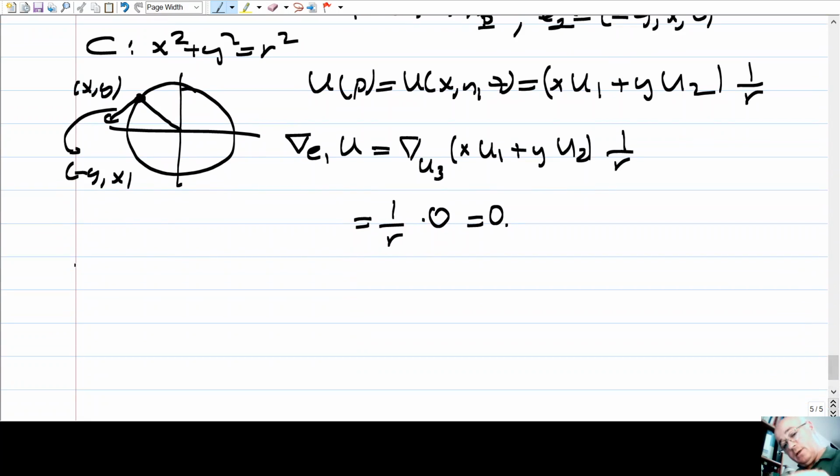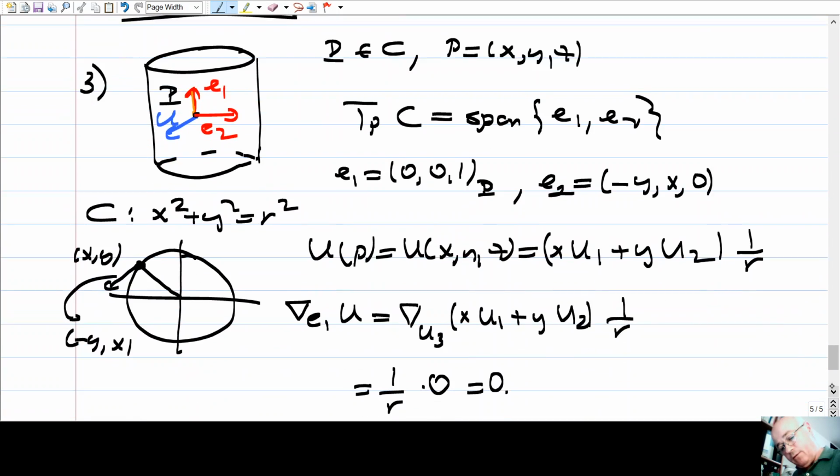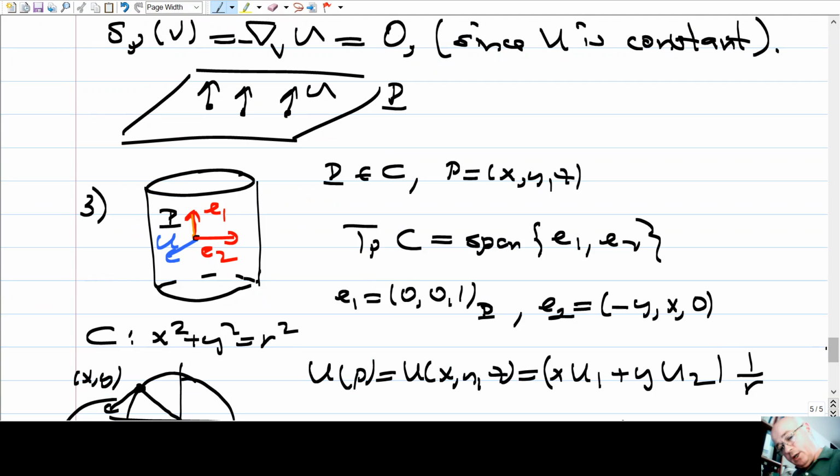So this means what? If you go along the vector E1, the normal vector doesn't change, of course, right? U is kept fixed. Therefore, the covariant derivative along the vector E1 is 0. This is what we have observed here. But for the other one, for the vector E2, it shouldn't be 0. It should be similar to the sphere, right?